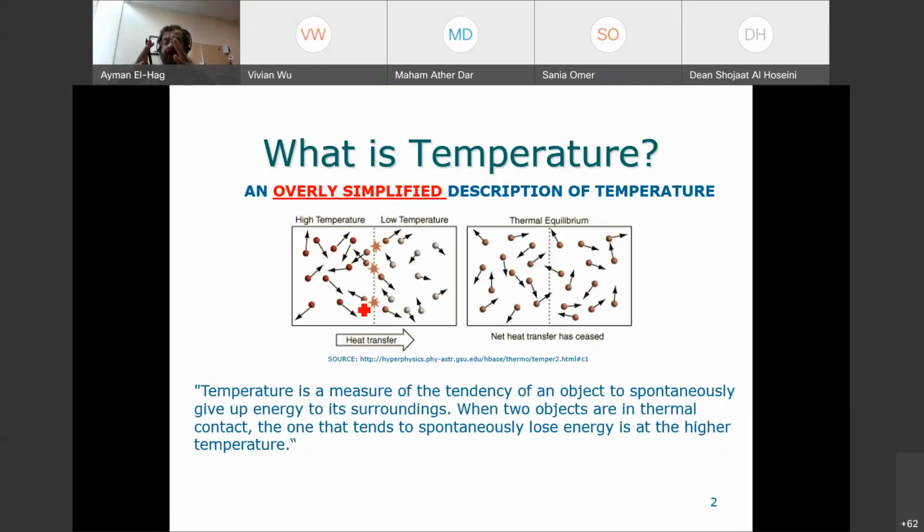Whenever the two objects are in thermal contact, this happens, and the one with the high temperature will lose energy to the one with the low temperature until we reach a state where there is no heat transfer, or both objects have exactly the same temperature. So that's a very simplified definition of temperature.